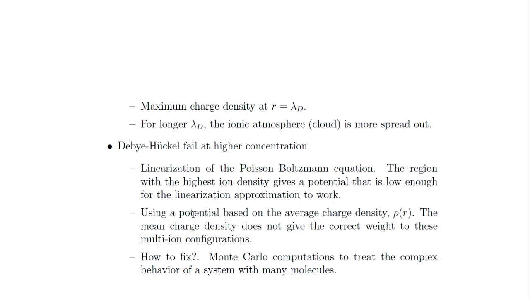Using a potential based on the average charge density through r, the mean charge density does not give the correct weight to this multi-ion configuration, so we are going to get a very wrong answer, with a high error if we do curve fitting.